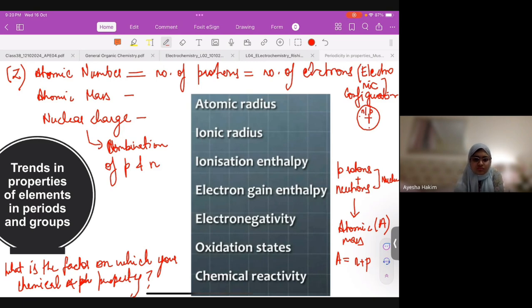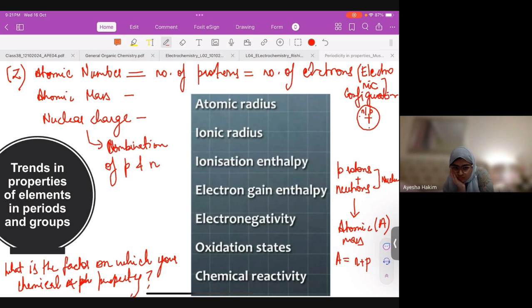Then there were physical properties like atomic volume and others. I'm just giving you an idea that there were different things like atomic size and atomic charge, but all these concepts were not able to define the periodicity in the properties properly.